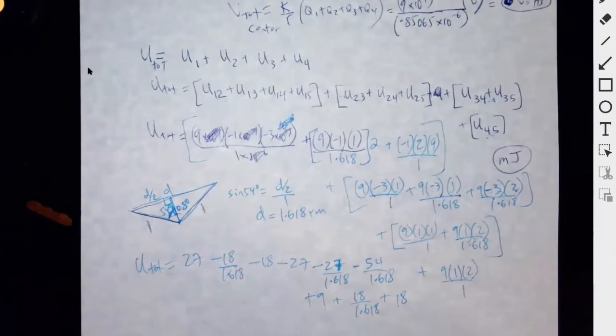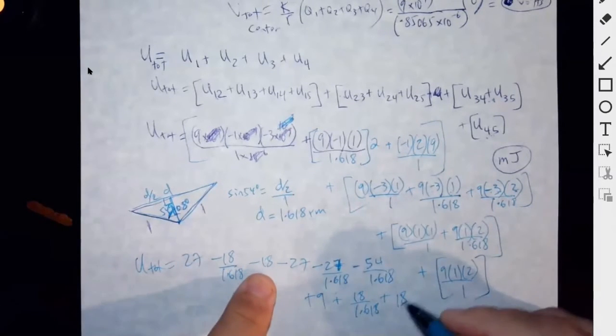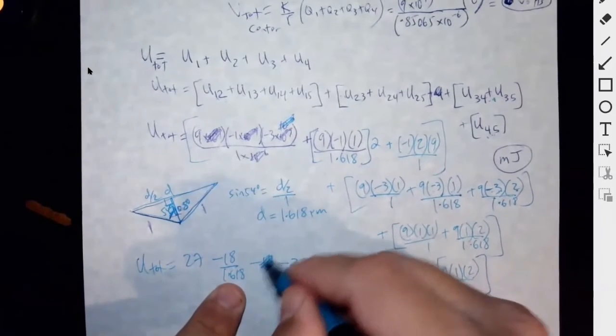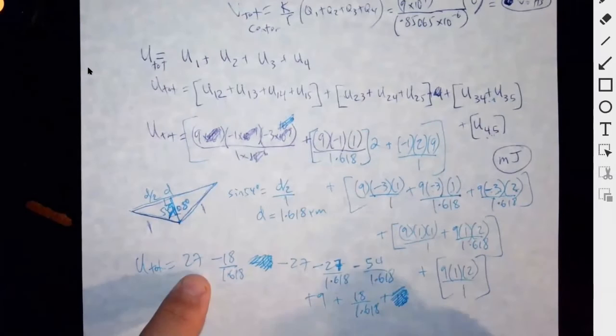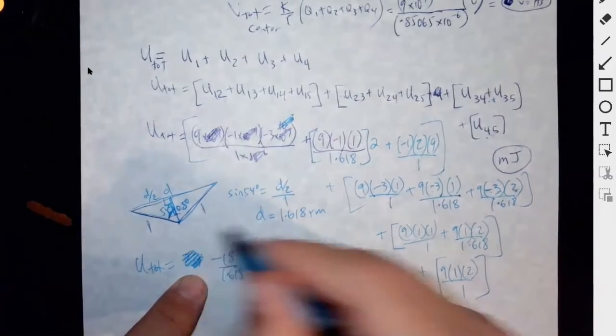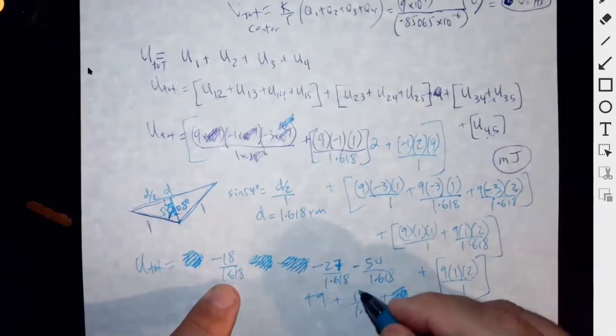So one little mistake can throw the whole answer off, right? If I forget something. So then here, oh, okay, there's some cancellations. That's good. Positive 18 cancels the negative 18. 27 cancels the negative 27. This one cancels this one. Oh, wow, I like that.